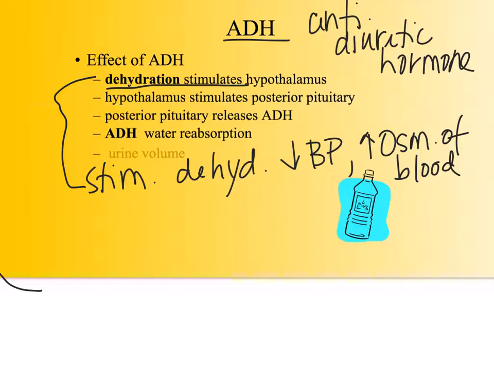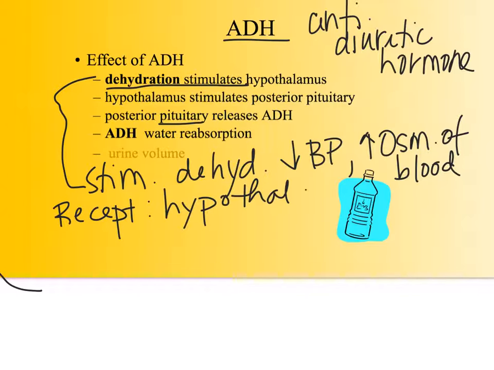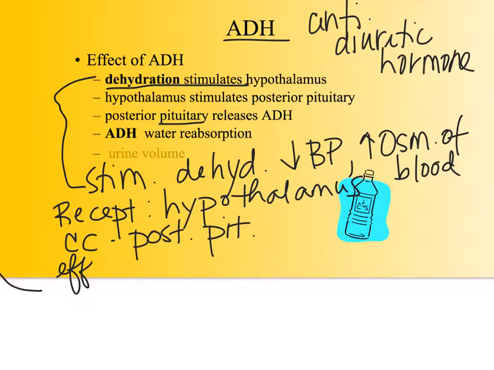This is one of those posterior pituitary hormones. The receptor is the hypothalamus. It controls the posterior pituitary, and the posterior pituitary is going to cause the release of the effector, which is anti-diuretic hormone, ADH.